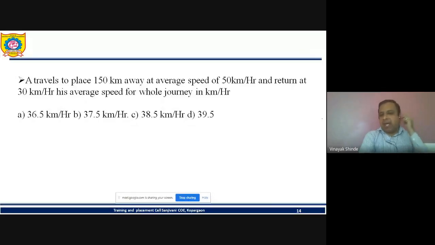A traveled to a place 150 km away at an average speed of 50 km per hour and returned at 30 km per hour. What is his average speed for the whole journey in kilometers per hour? So here, 50 km per hour is one speed and 30 km per hour is another speed.